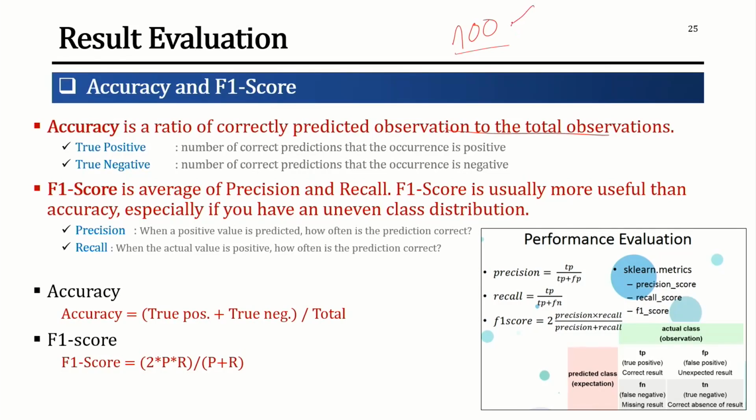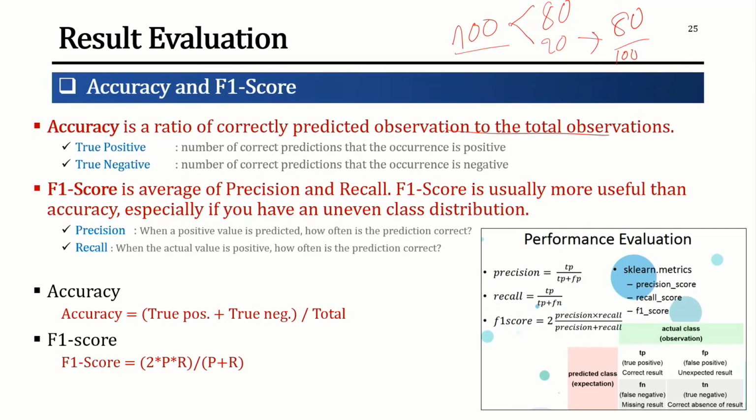Suppose we predict 80 articles correctly, identified with the correct label, and 20 are not correct. So the accuracy is 80 over 100, because we predicted correctly 80 out of 100.